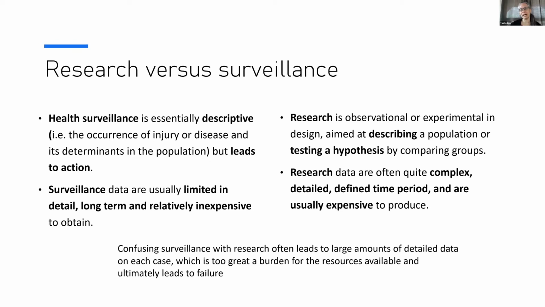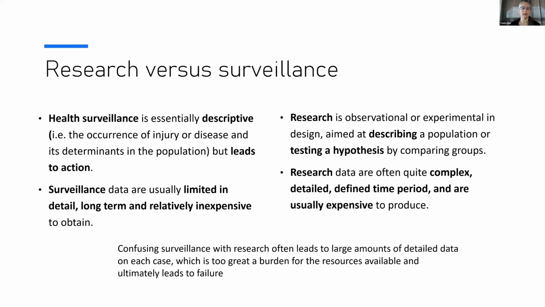And to do that, we can't ask a lot of detailed information often. We're getting a sense of what's happening, and we can look at trends over time. And so it is important to see those distinctions, because often, the downfall of a surveillance program is thinking it can do too much.